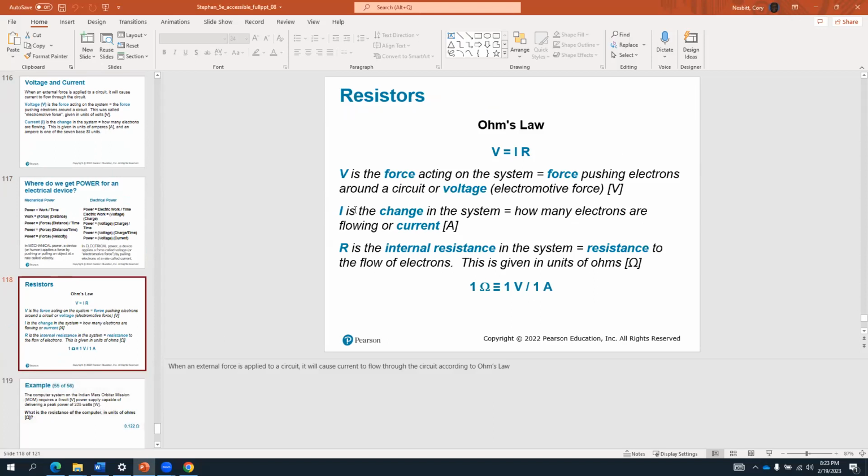Ohm's law states that V, which is the force acting on the system, or voltage, is equal to the force pushing the electrons around a circuit. I is the change in the system, or how many electrons are flowing, or current. R is the internal resistance in the system, resistance to the flow of electrons. I know you could have read that, but that's pretty much Ohm's law.